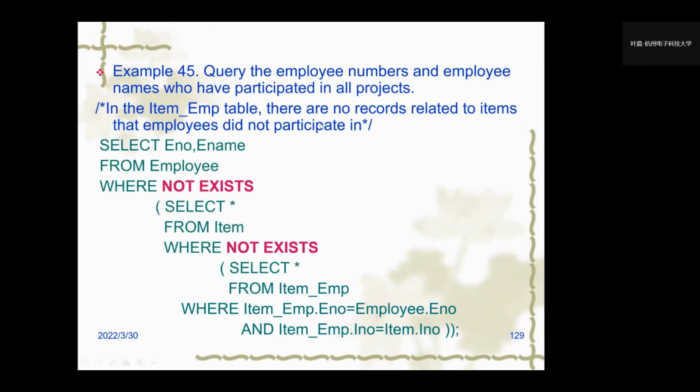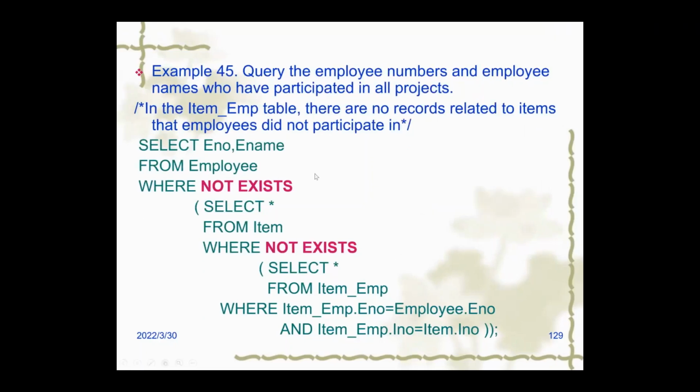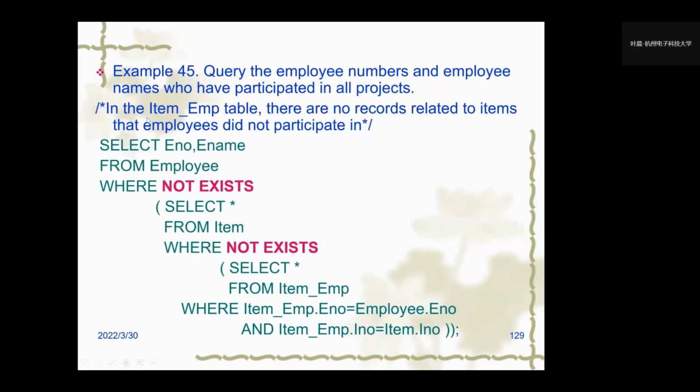Let's see another example. If we want to query the employee numbers and the employee names who have participated in all the projects, here we need to know that in the item EMP table, there are no records related to the items that employees do not participate in. So this is the same meaning. If we want to query this kind of information, we need to write the not exists phrase.